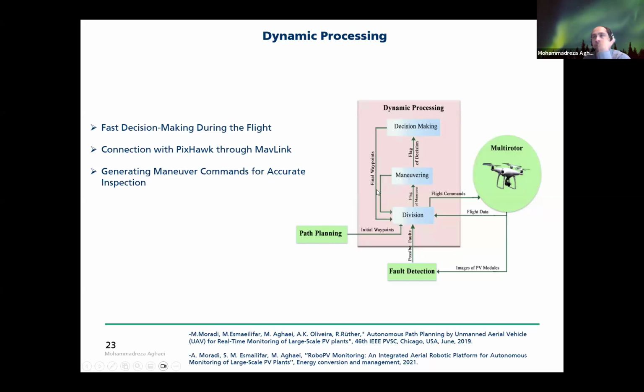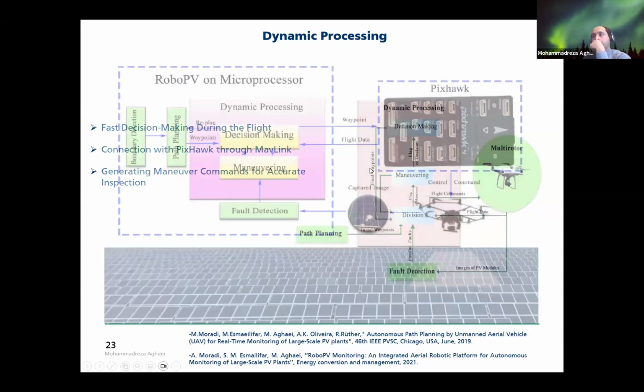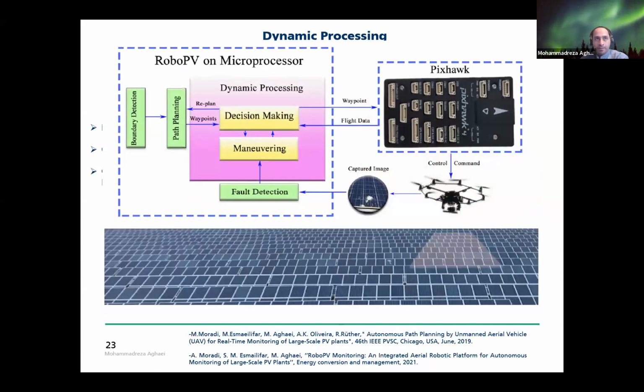Through that, we are able to send commands to the UAV, for instance, to take action if required. We define several modes, like home mode, flight mode, and maneuvering mode, and use them during the flight to make it more accurate and, of course, safer.